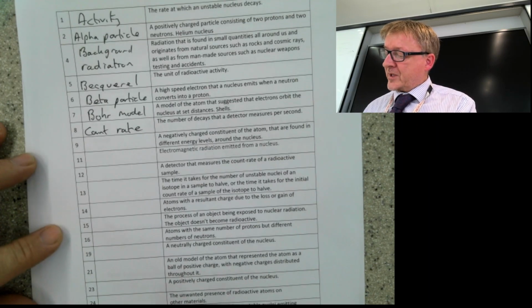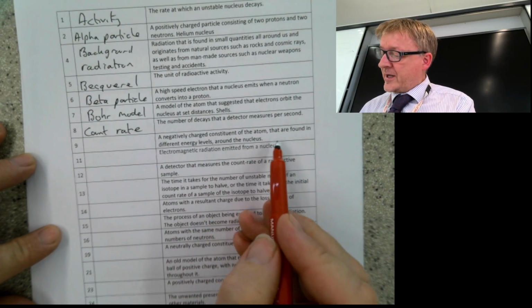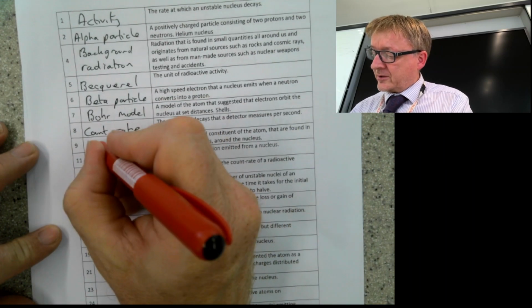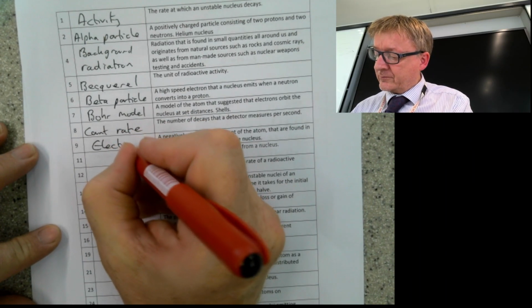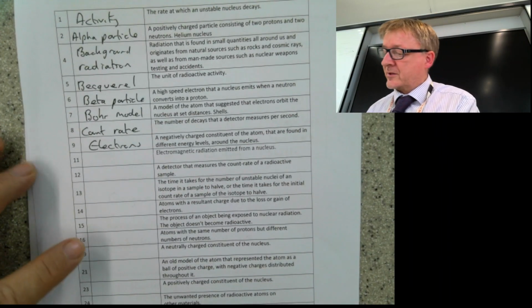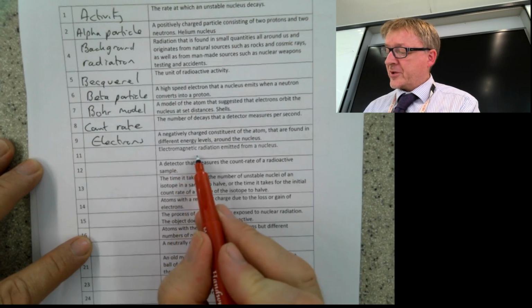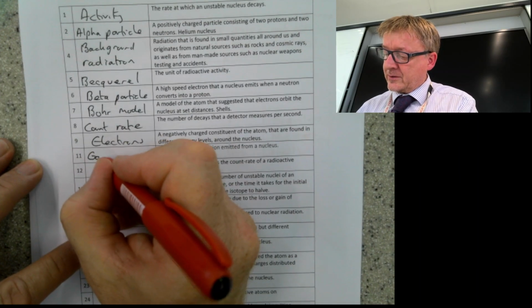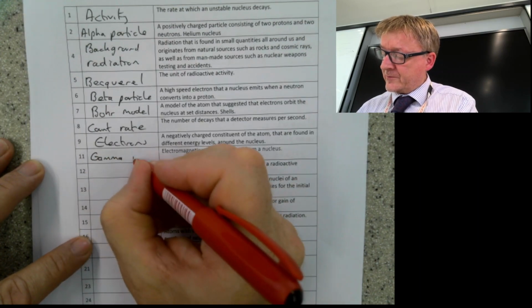Question number 9. A negatively charged constituent of the atom that is found in different energy levels around the nucleus. The electron. Okay, you just got to look at it and pick out the most important facts and it tells you all the answers. Electromagnetic radiation emitted from the nucleus. Gamma ray.